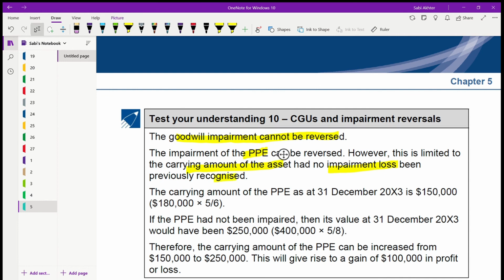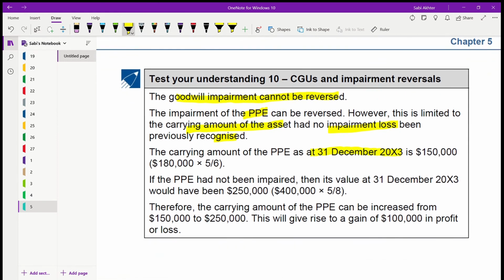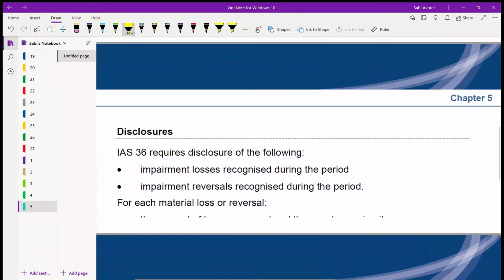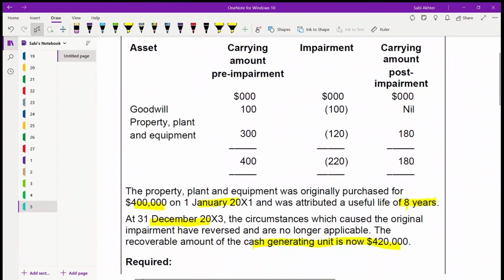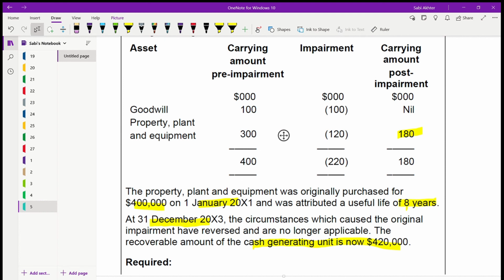So the carrying amount of the PPE as at 31st December 2003, what is it? 150,000, because 180 into 5 over 6. How? What is the carrying amount of PPE at that time? 180,000. Okay, into 5 over 6. Because from 1st of Jan 2001, it was 8 years.